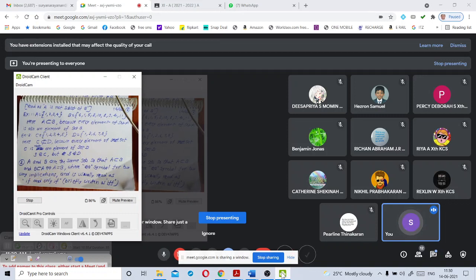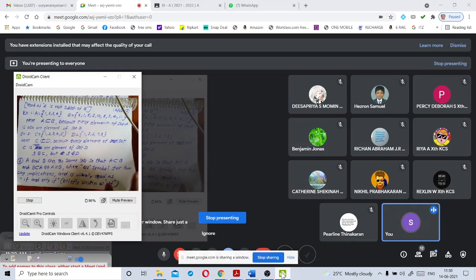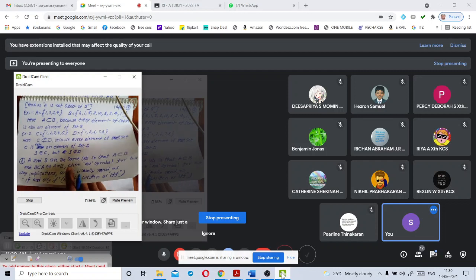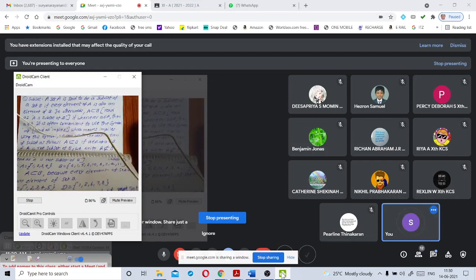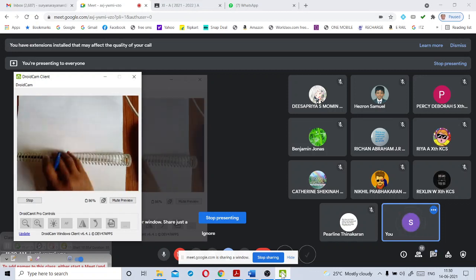Next, properties of subsets. Every set is a subset of itself.